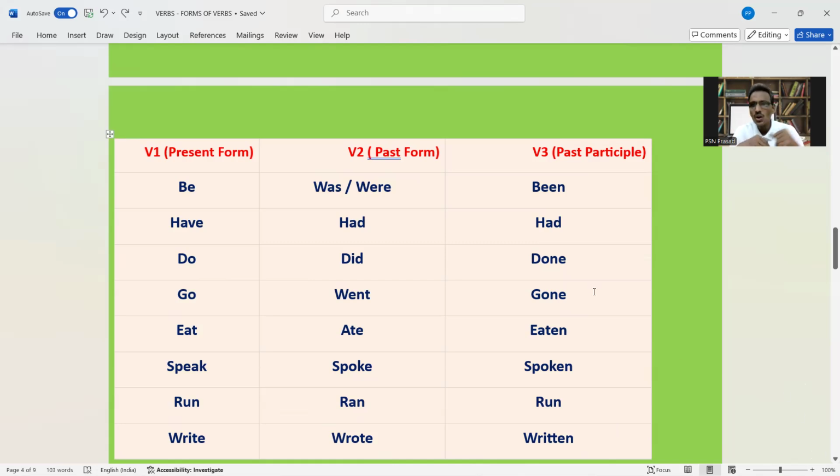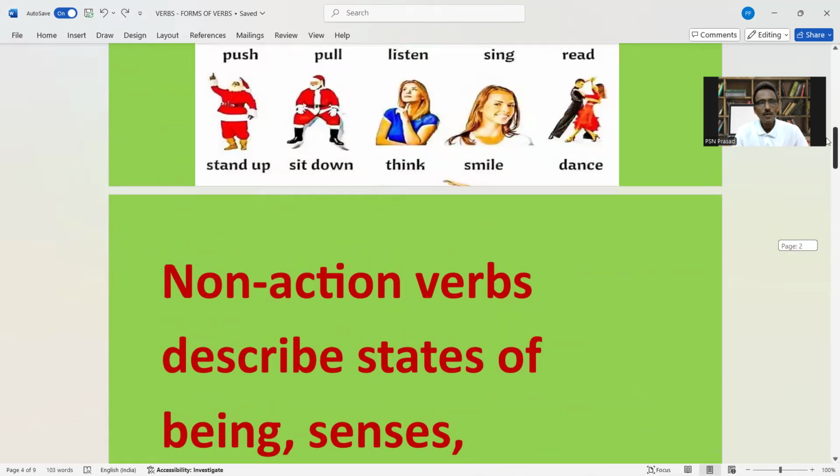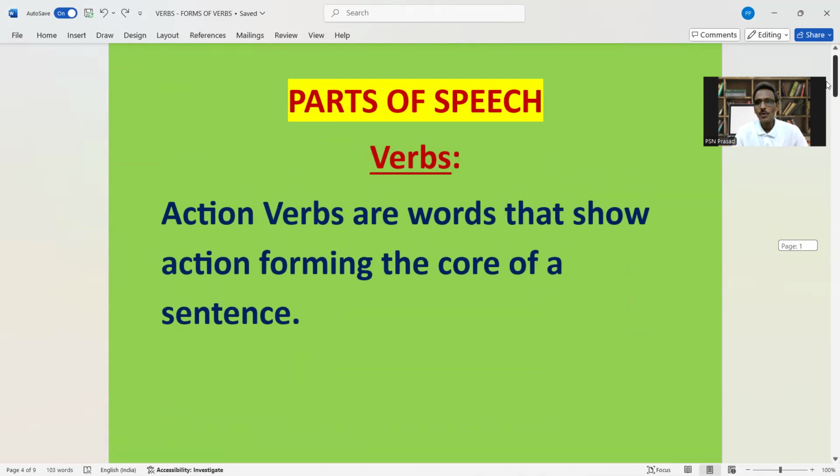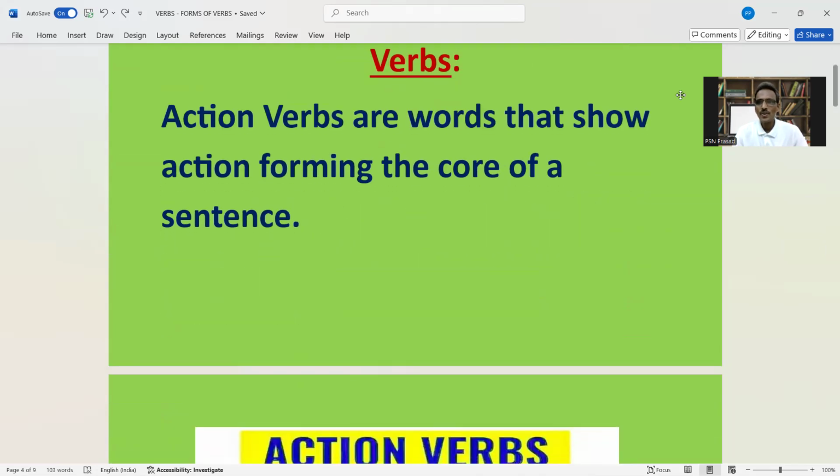Just now he has gone out, right? So likewise, we use every verb. We have every verb in three different forms that are to be used as per the tense or the timing of the action. So with this, I'm going to conclude the lesson about the verbs. Thank you very much.